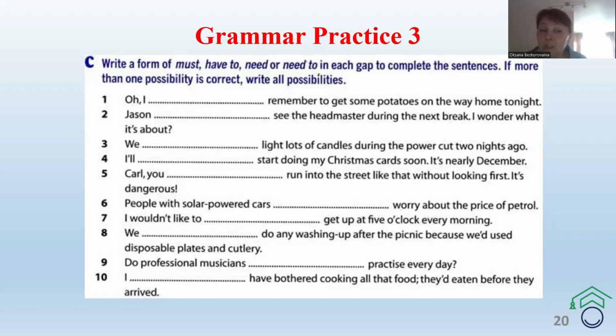Disposable plates means plastic or paper plates, and cutlery like knives, forks. The sentence refers to the past. That's why need is okay, but we didn't need to. We should use need in the past. We didn't mean now, but yesterday we didn't need to.